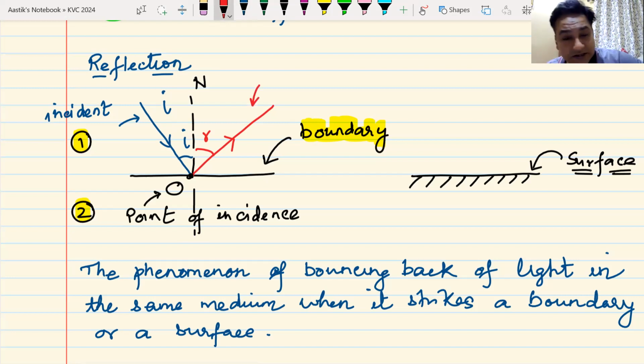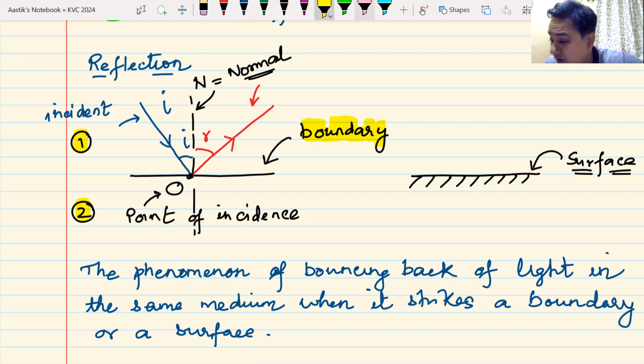The red ray is known as the reflected ray. Then I have one more, this black line. What is this black line, which I have written as N? Normal. Yes, this is the normal to the surface or the boundary at the point of incidence.